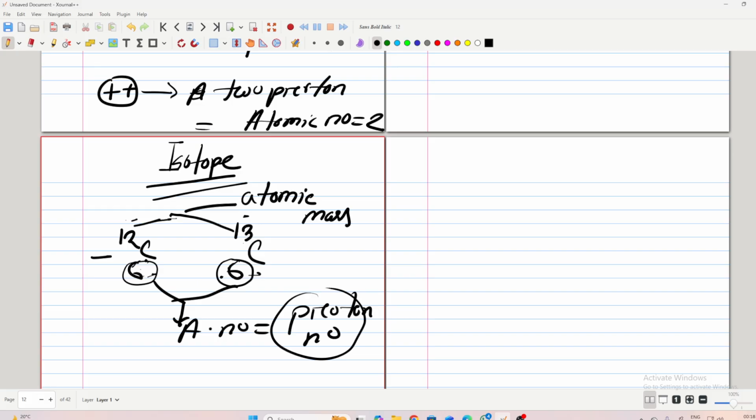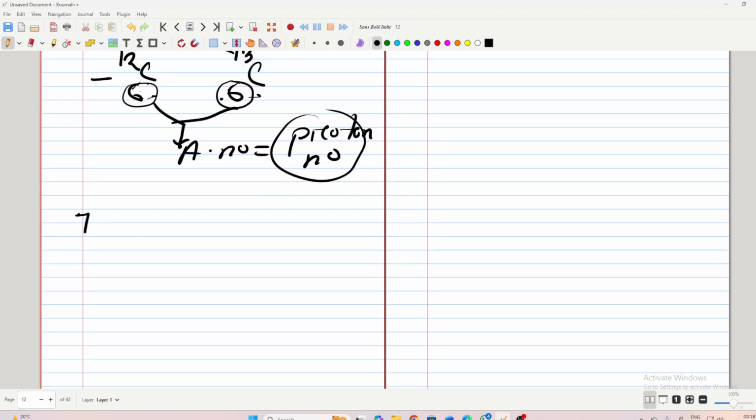So these will be called isotopes. What is an isotope?